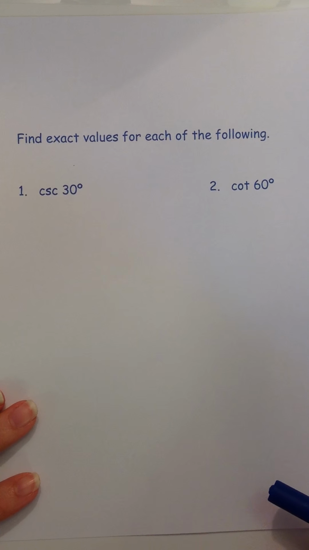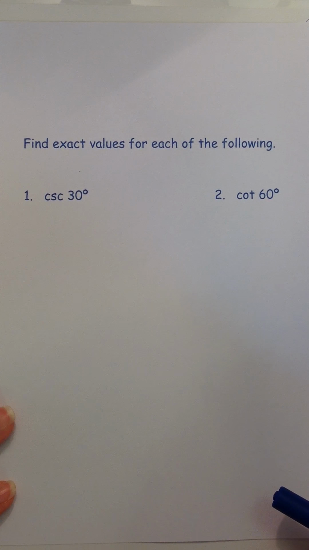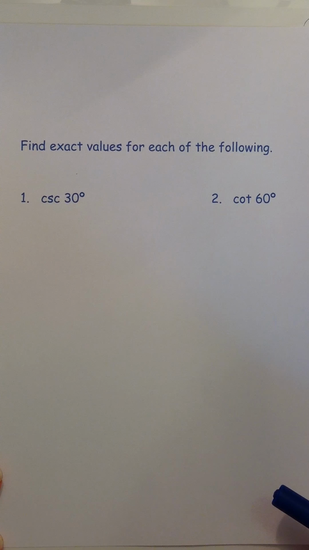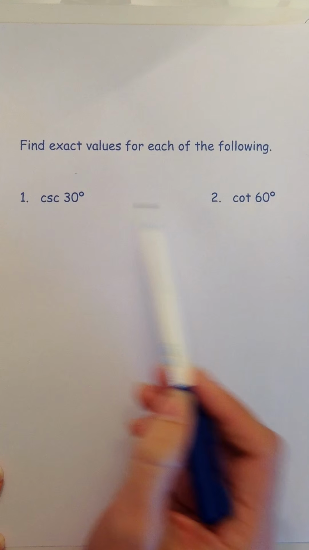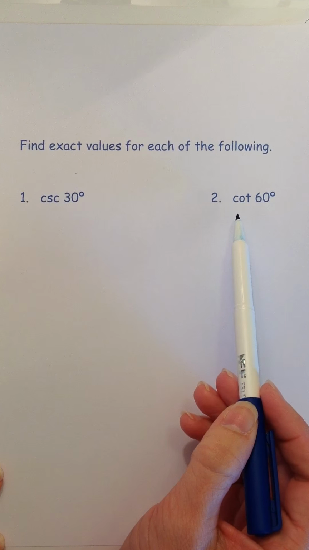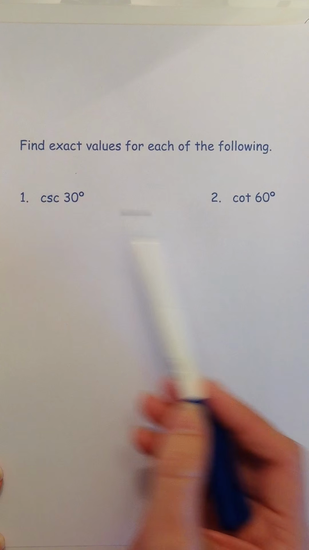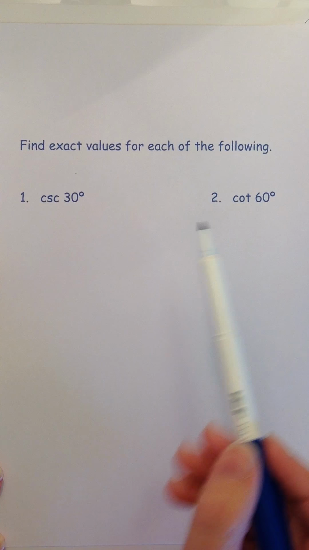These problems are just testing you on the reciprocal identities that we had learned earlier. It wants you to find the exact value for each of the following. Now you'll notice in both these examples, the 2 trig functions that I've given you were not in that table. But if you know sine, cosine, tangent, then you can use that information to get cosecant or secant or cotangent.